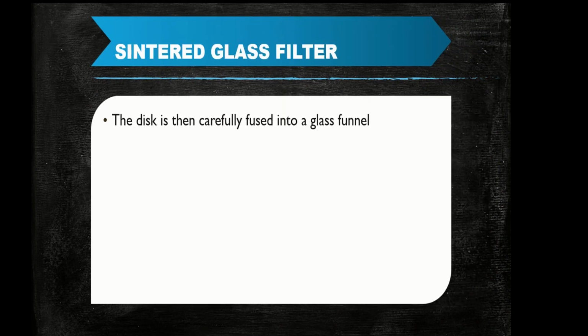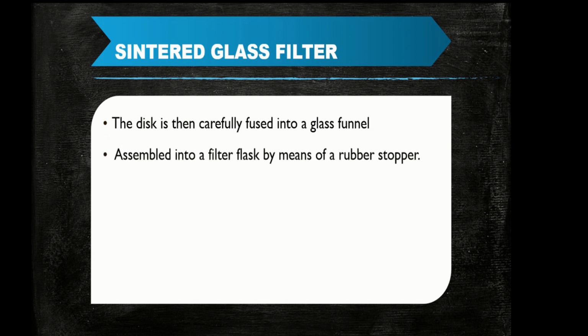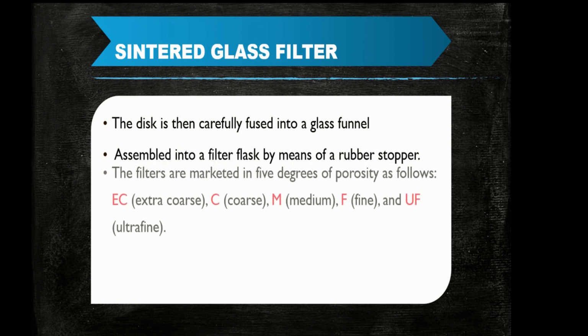In this sintered glass filter, the disc is then carefully fused to a glass funnel. As it is prepared in the form of a disc and fused or attached to the glass funnel, it is assembled into the filter flask by means of a rubber stopper. That funnel can be attached to the filter flask by means of the rubber stopper.